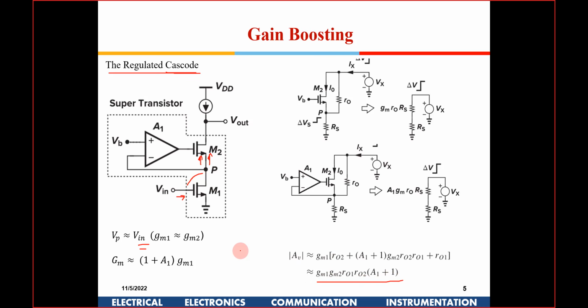The only thing is it doesn't have the issue of Miller capacitance out here. So that disadvantage is avoided by putting this transistor at the bottom rather than giving an input signal out here. This is known as the regulated cascode.